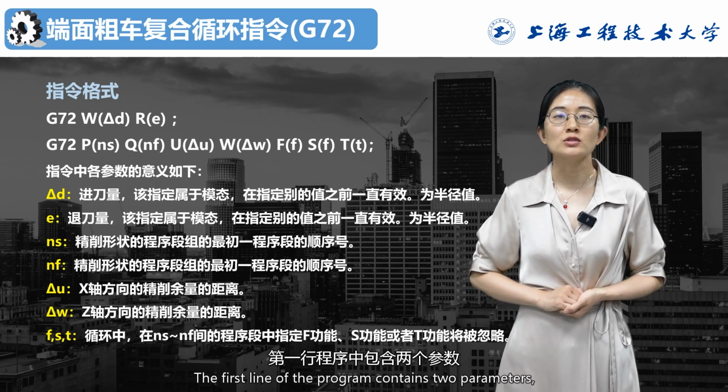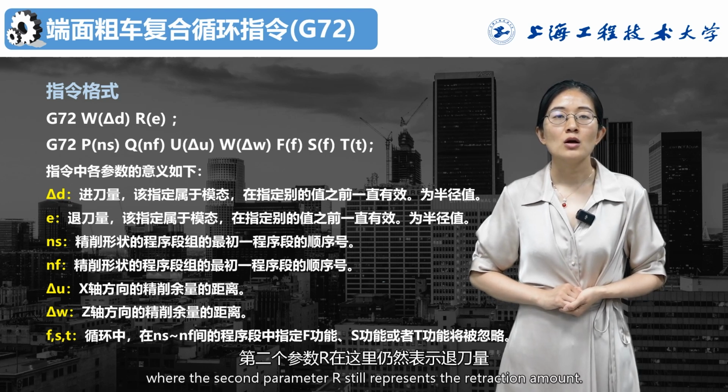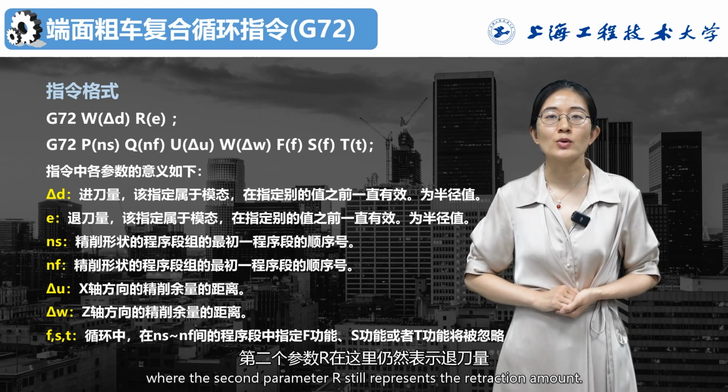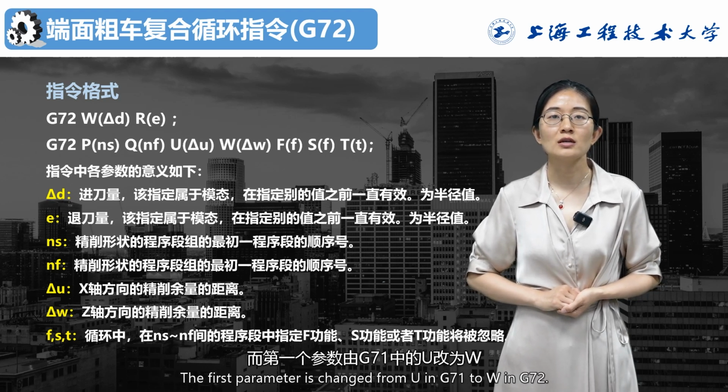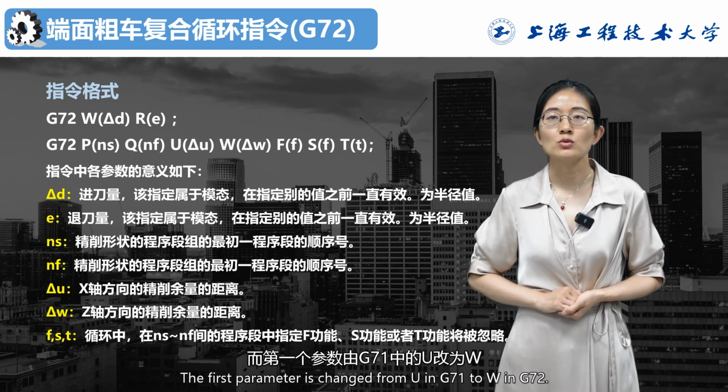The first line of the program contains two parameters, where the second parameter R still represents the retraction amount. The first parameter is changed from U in G71 to W in G72.